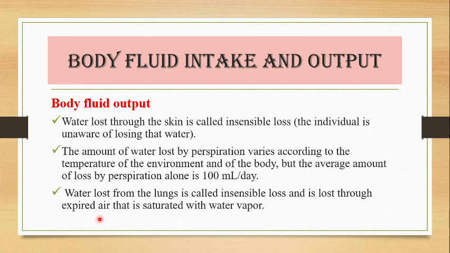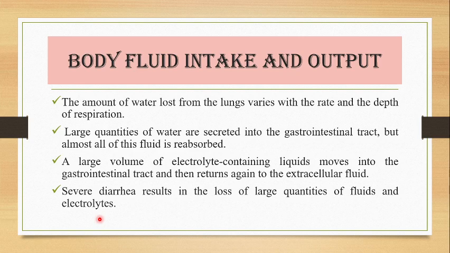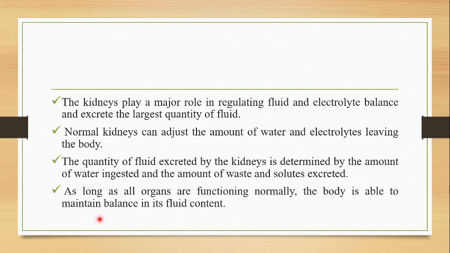Insensible water loss occurs through the skin and lungs. In the lungs, it may vary with the rate and depth of respirations. Normal perspiration is about 100 ml per day. Large quantities of water are in the gastrointestinal tract, but it will be reabsorbed.